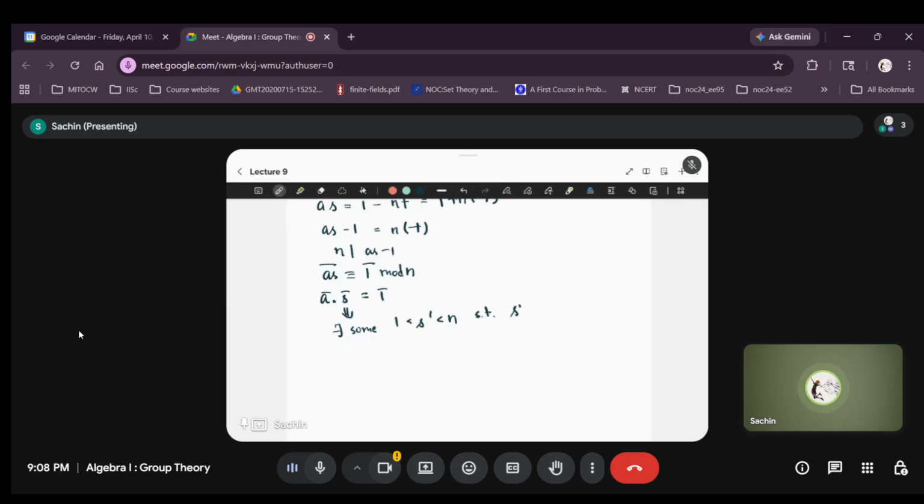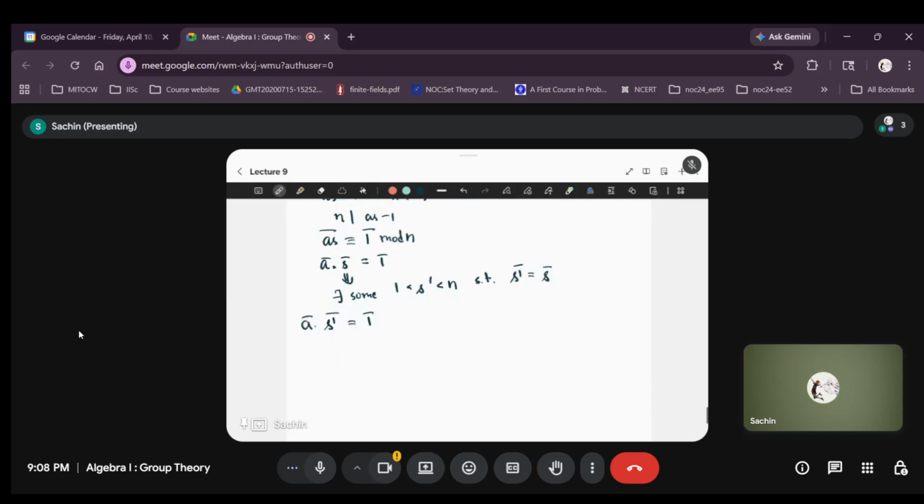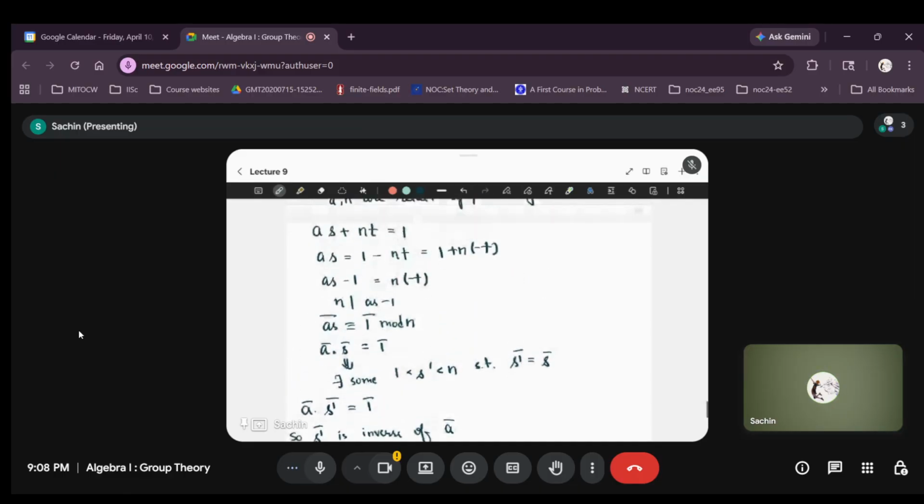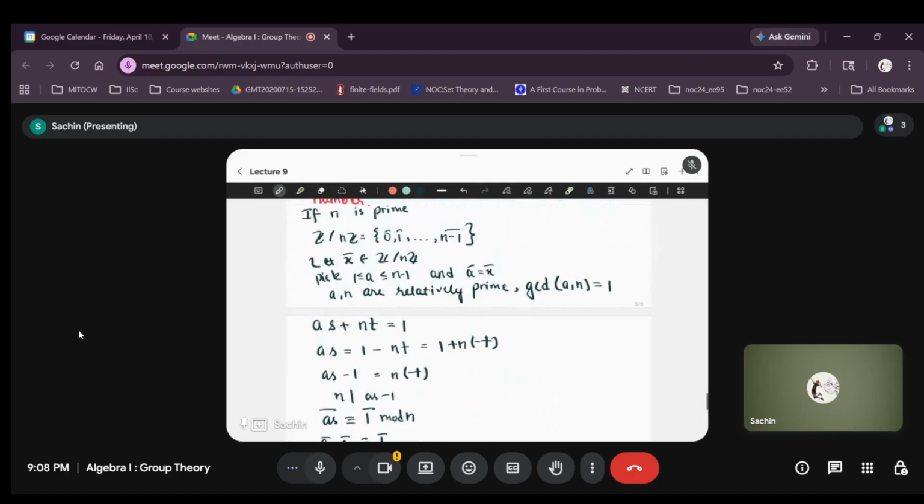Thus s prime bar is equal to s bar. And a bar times s prime bar is also equal to 1 bar. So s prime bar is the inverse of a bar. Was that okay?